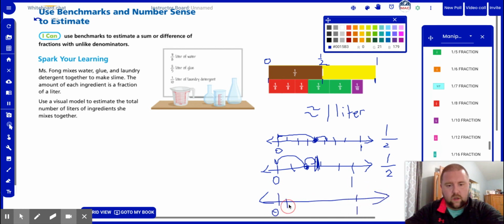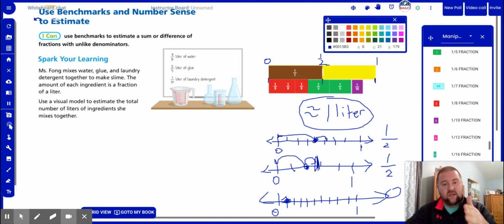Okay, so 1, 2, 3, 4, 5, 6, 7, 8, 9, and then 10/10 again as the whole. If I have 1/10 here, I'm right next to the 0. So then I would have 1/2 plus 1/2 plus 0, which would then give us just the 1. All right, so this estimate where I had with my models above my fraction strip saying that I have about 1 liter proves to be correct, even if we round each individual fraction and then add them together.